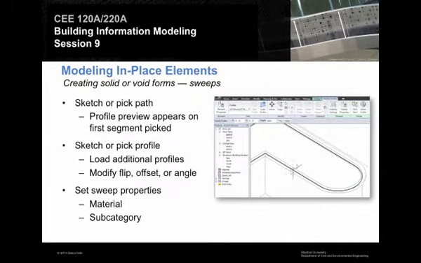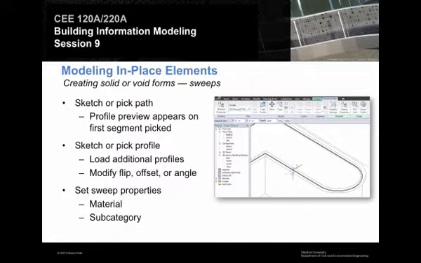There's a very useful one called a sweep. A sweep is all around the notion that I can take a profile, and instead of just extruding it, I can have it follow a path. It doesn't have to be a straight path; it can be a curved path or some sort of arbitrary path. Where that tends to get used is for things like crown molding and chair moldings.